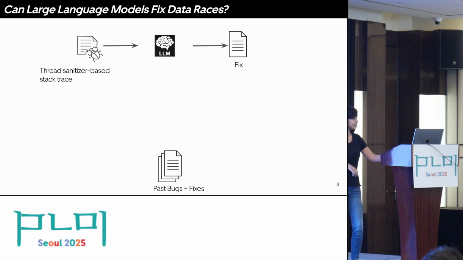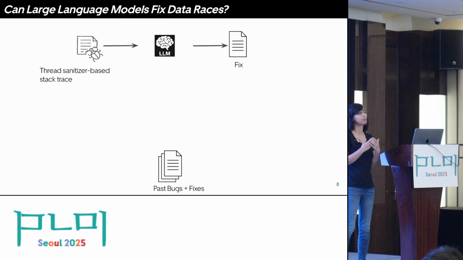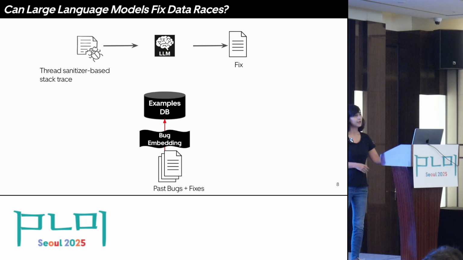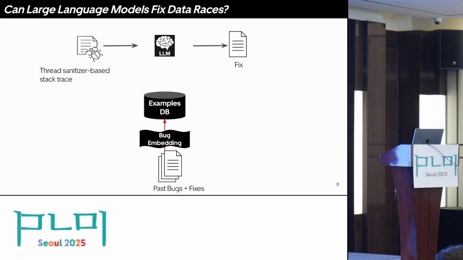We have this rich database of past bugs and manual fixes that the developers have done before. We wanted to leverage these and see if LLMs would be able to come up with more and better fixes using these patterns. Using these past bugs and the fixes that developers have done, we generated the bug embeddings and created a database of these bug embedding examples.